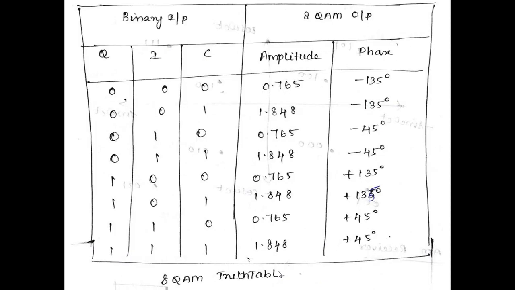And this is the complete 8 QAM output with amplitude and phase. So when Q is 0, I is 0 and the control bit C is 0, then the amplitude is 0.765 and the phase is minus 135, and so on for all the possible combinations of these 3 bits in 8 QAM.